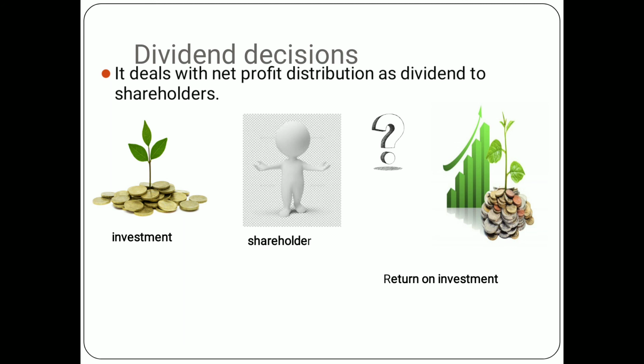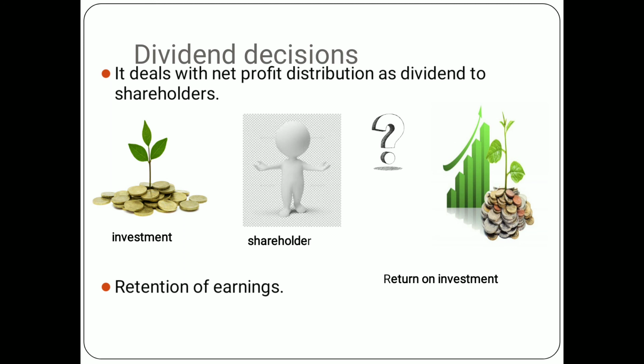The return which you are going to get, the whole calculation is made upon the dividend decisions made by the company. And this dividend is given mainly to the shareholders after getting the profits, or after attaining the net profit.